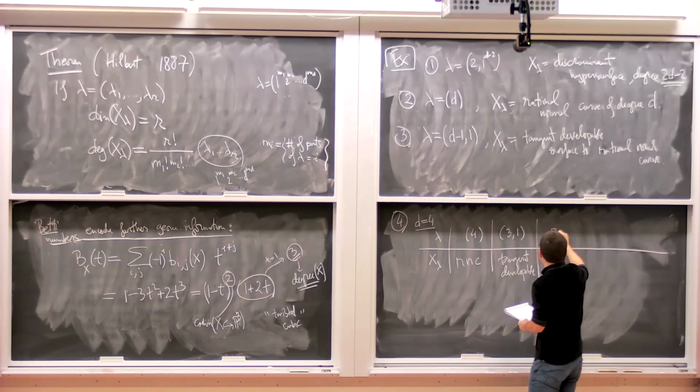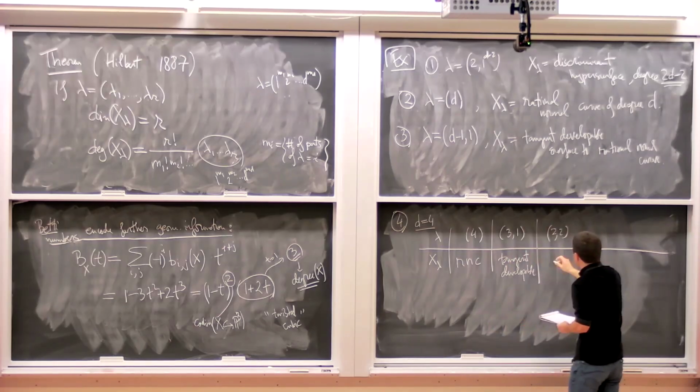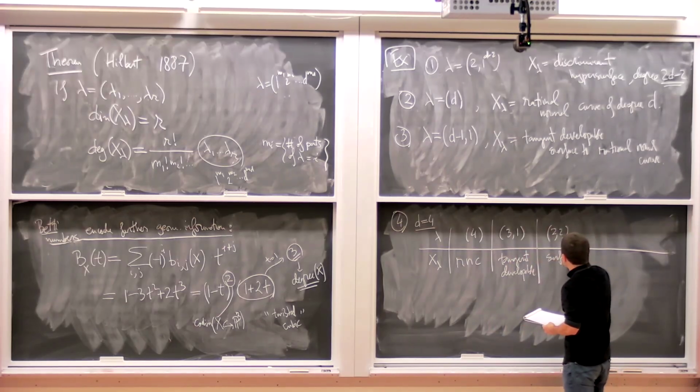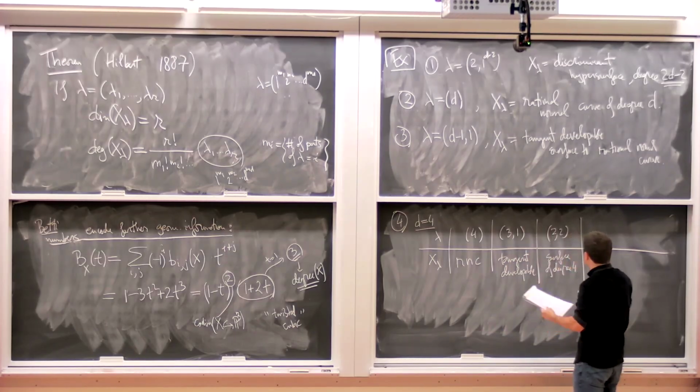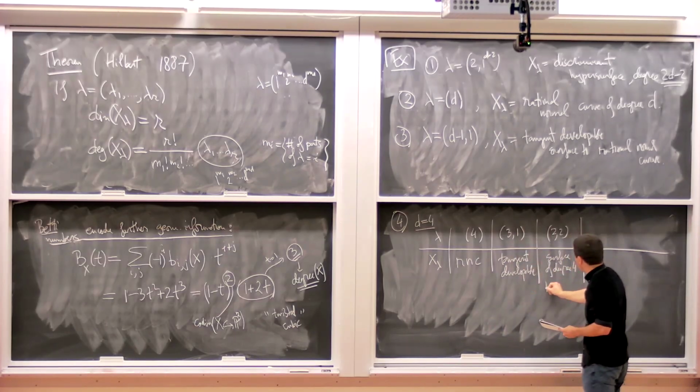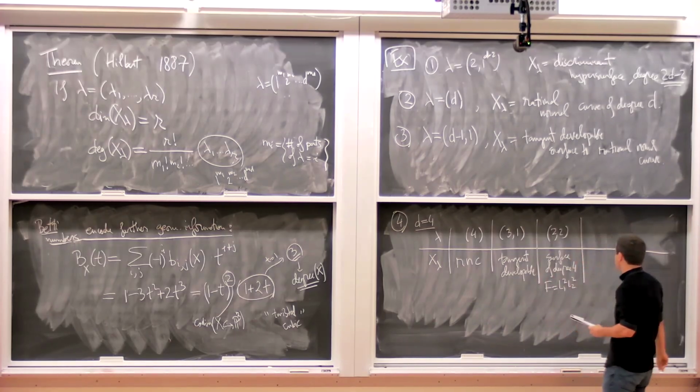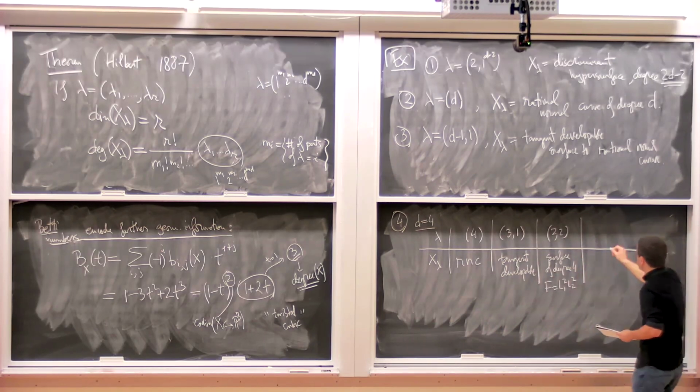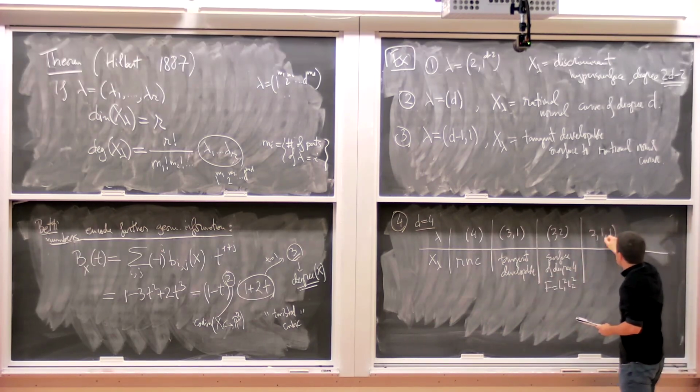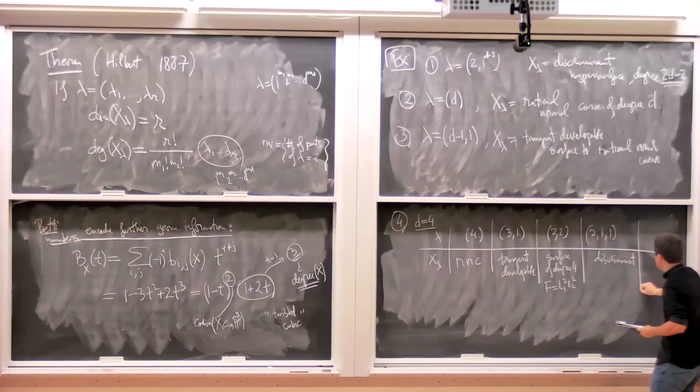2, 2 is some surface of degree 4, according to Hilbert's theorem. I'm talking about forms that factor as a product of two squares. There's 2, 1, 1, which is the discriminant hypersurface, of degree 6 in this case.